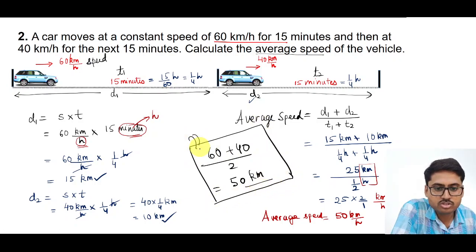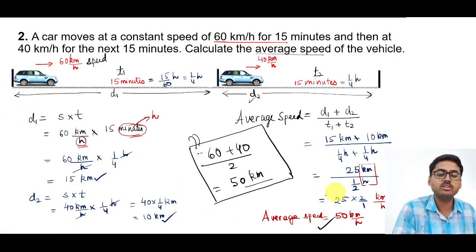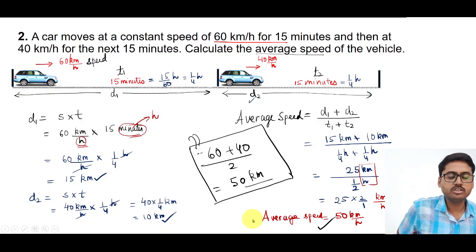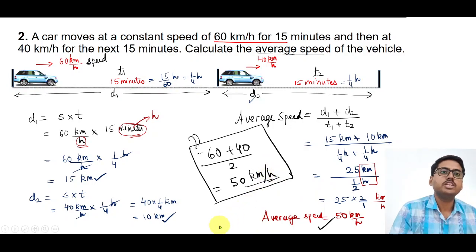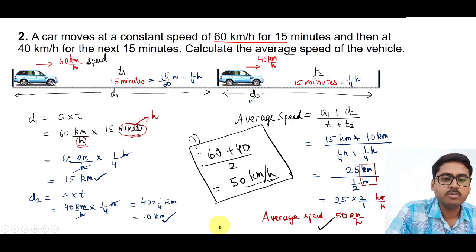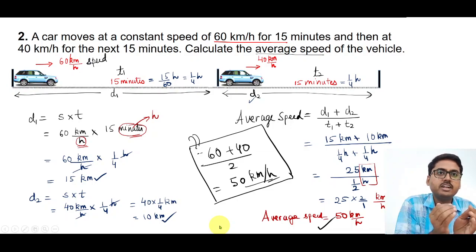This solution is true and it matches the solution we got in the long process. So children think, why can't we do 60 plus 40 by 2 if it is giving us the same answer? Well, this is what we need to understand. When can we simply take two speeds and divide by 2?